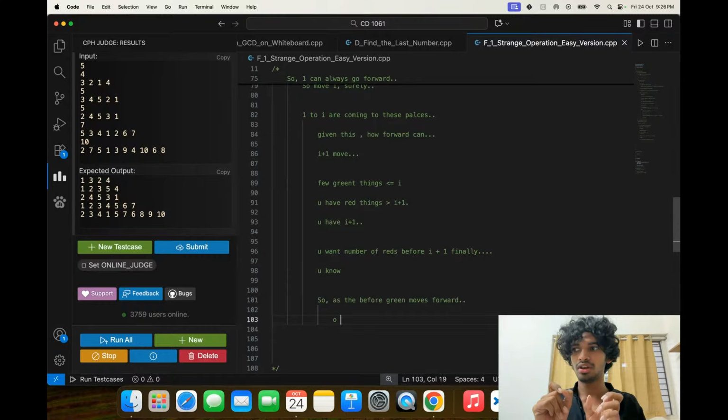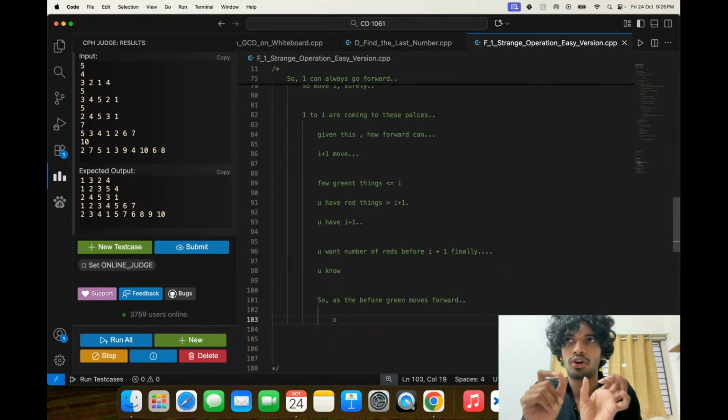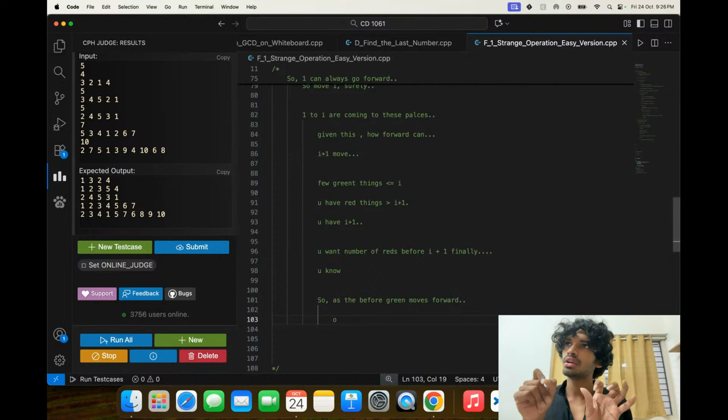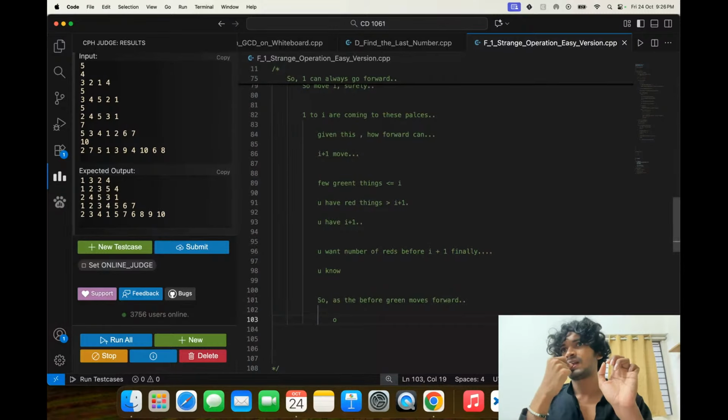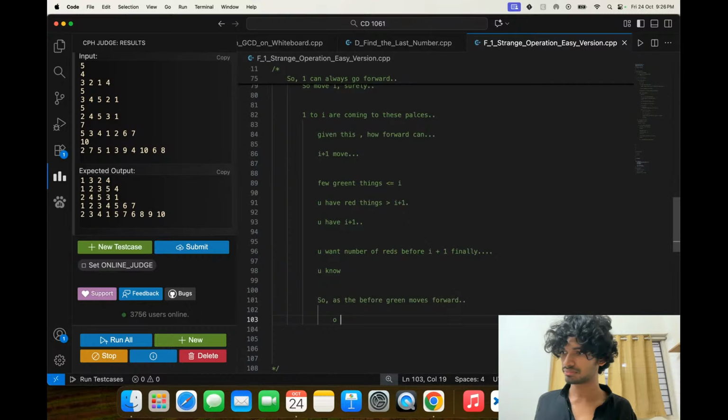Now it is here. How many reds can it cross is the question, right? How many reds can it cross? Only these reds it can cross. And it will try to cross all of them, let's say. Some reds will come here, it will try to cross as much as it can. And that's it. Number of reds before here.